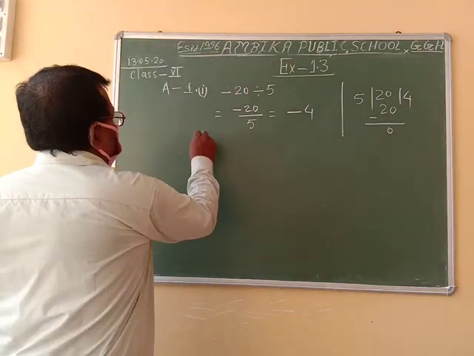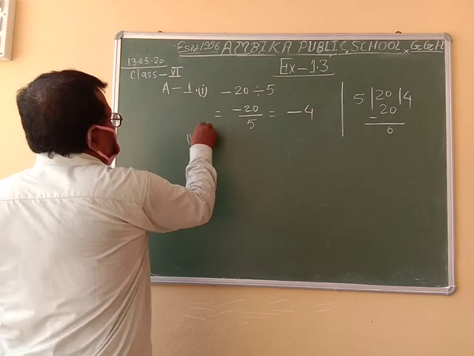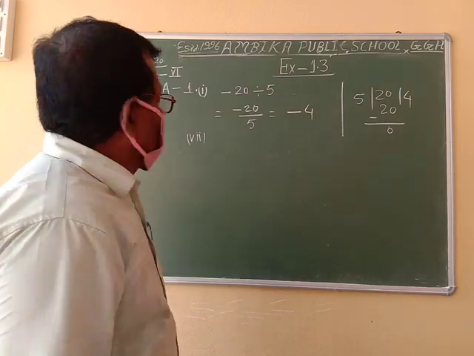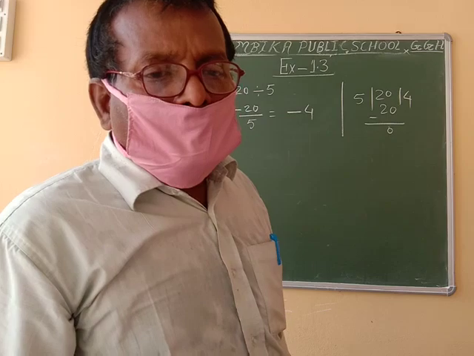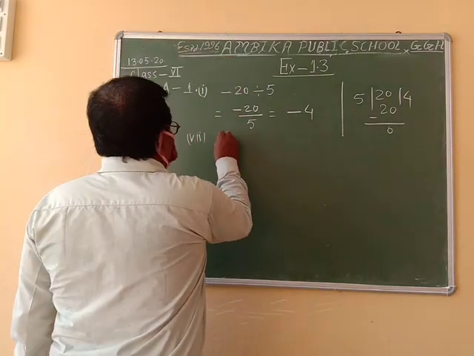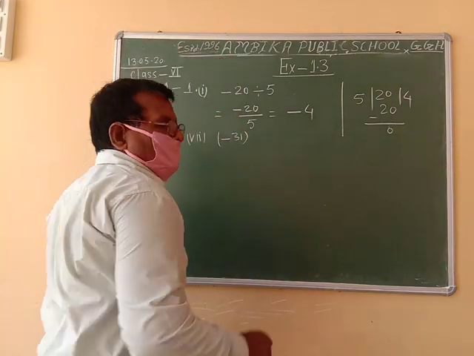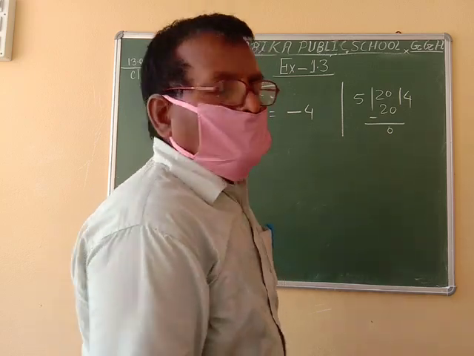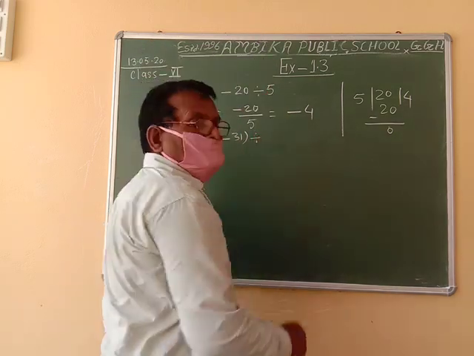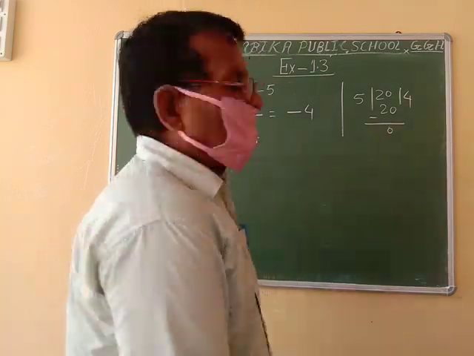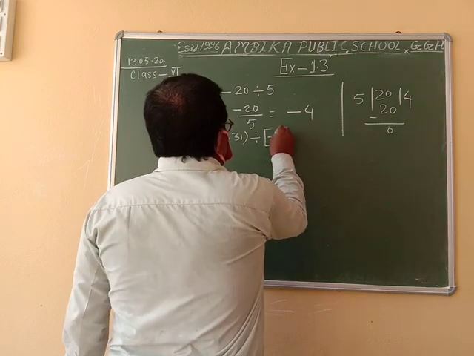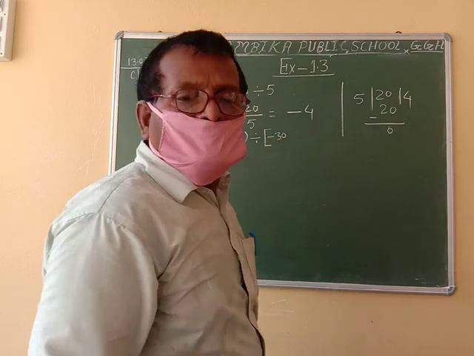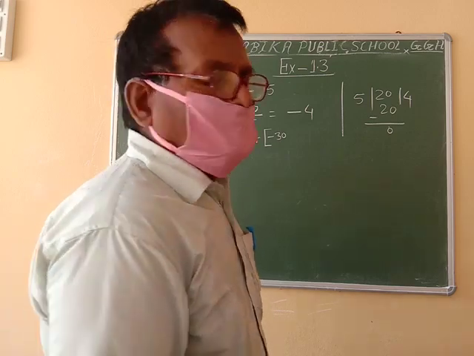Seventh number, minus 31 divided by minus 30 plus minus 1.